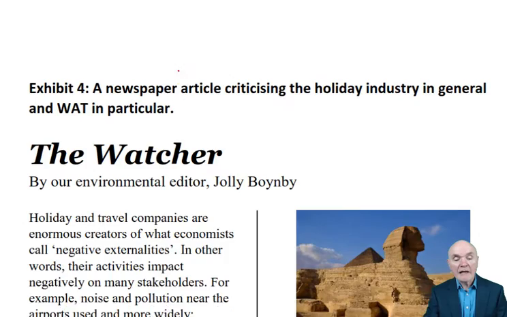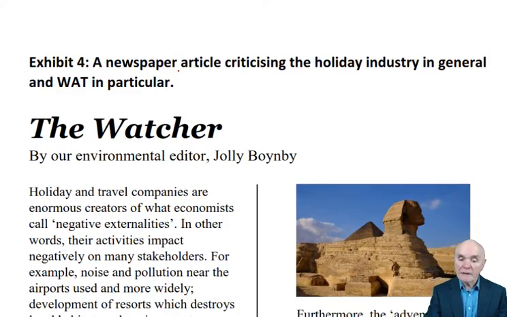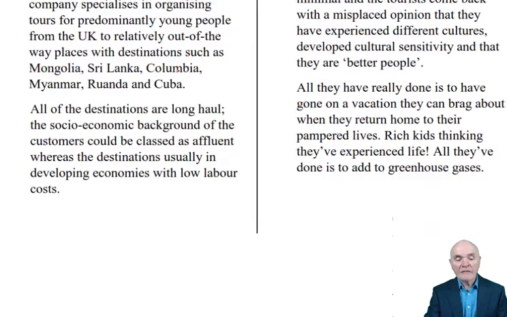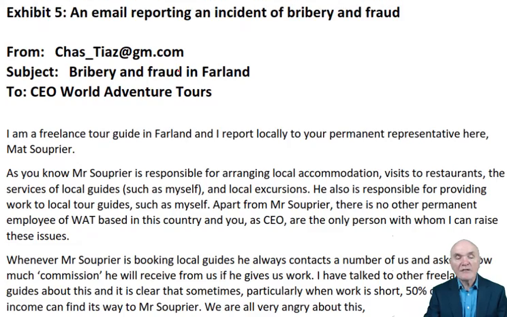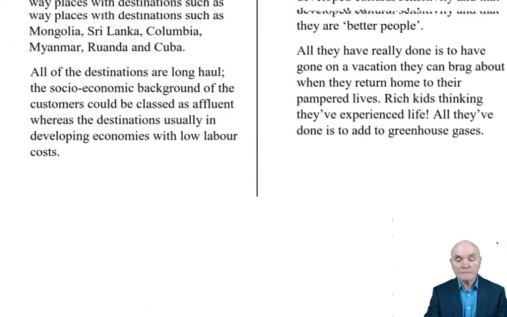And then we have a kind of mock-up of a newspaper article. And then finally we have an email that's come from a very discontented rep, really telling us that he thinks there's fraud and bribery and so on going on in a particular location.